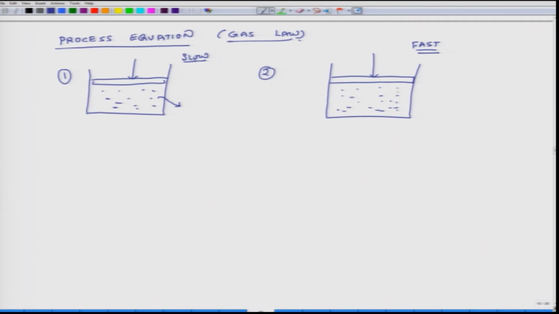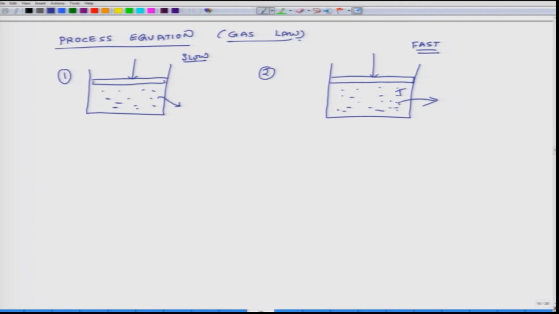So temperature becomes high, but there is not sufficient time for this extra heat to leak out to the outside atmosphere, even though the inside temperature is now much higher than the outside temperature.